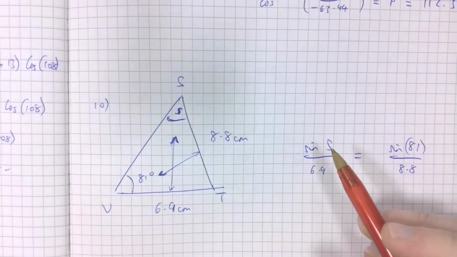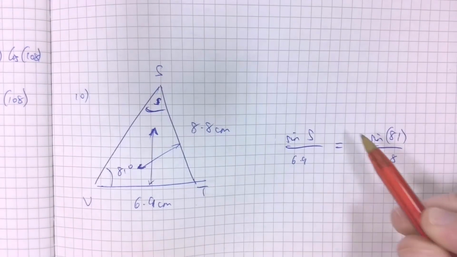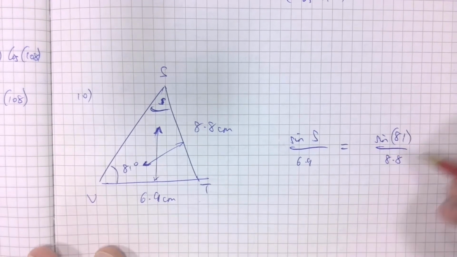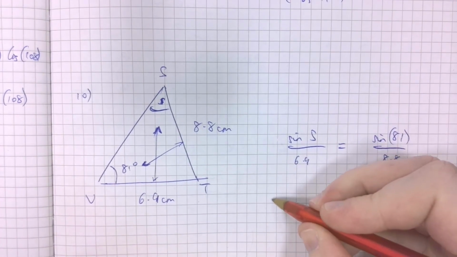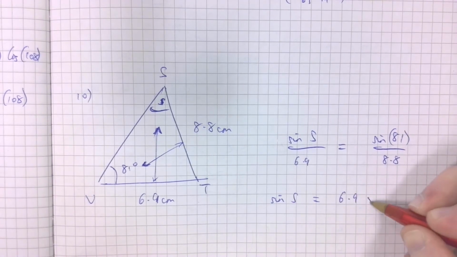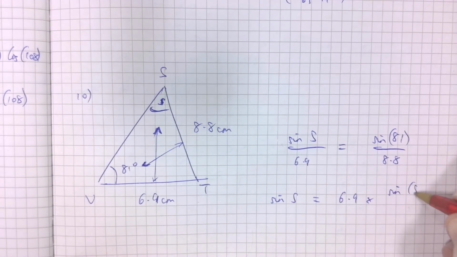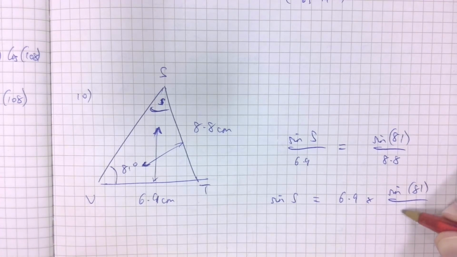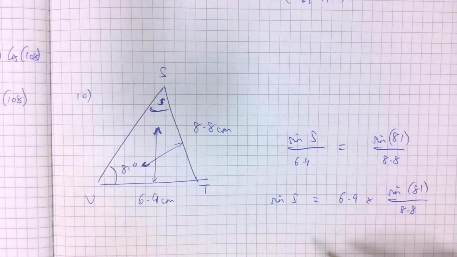All right, exactly the same as the first question that we did together in this video. Let's multiply both sides by 6.9. We get sine of angle S equals 6.9 times the sine of angle 81 over 8.8.